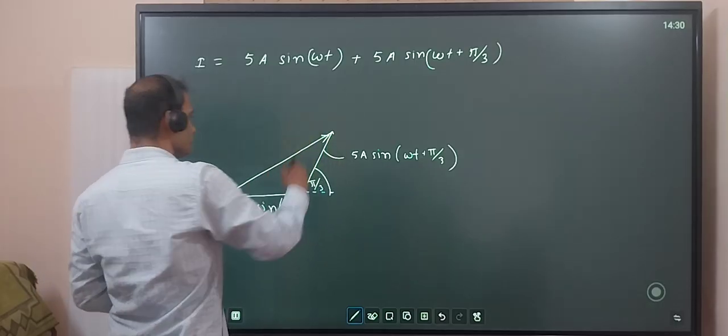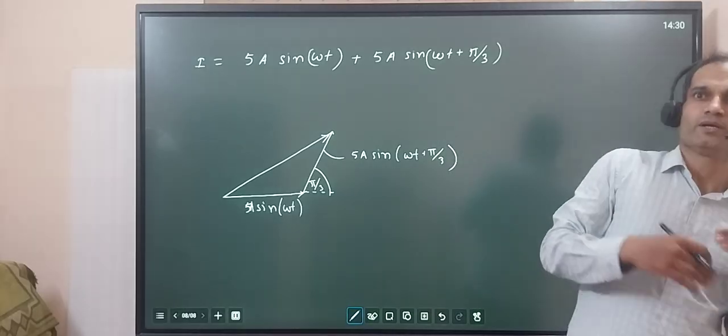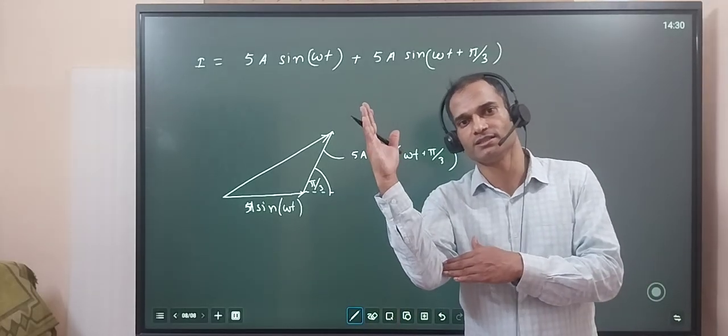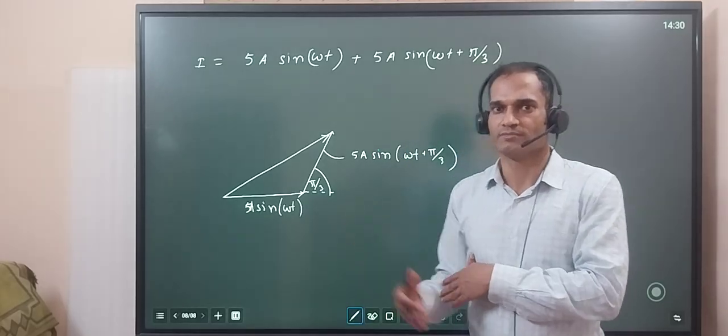From the vectors we remember this part. When two vectors of the same magnitude are inclined at 60 degrees, we get root 3 times that magnitude.